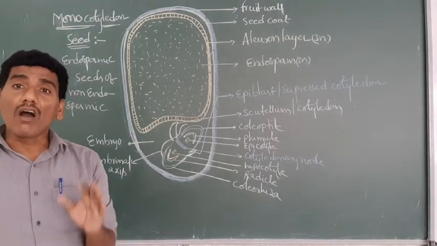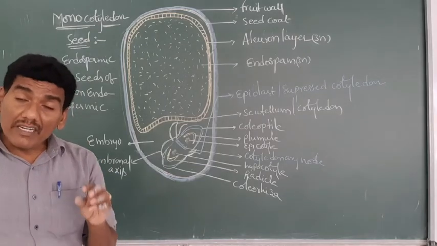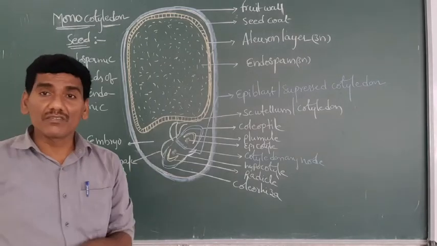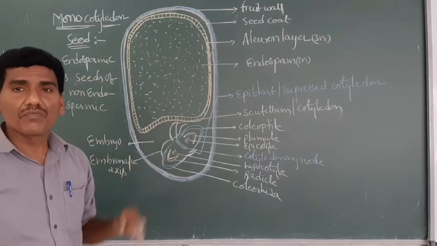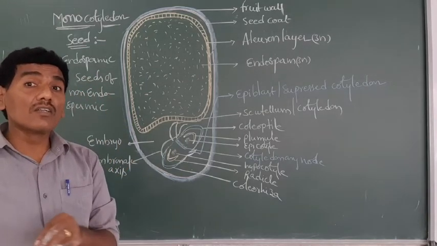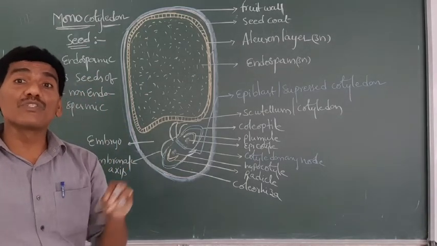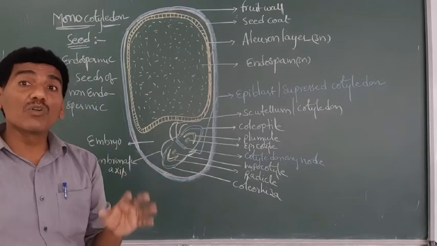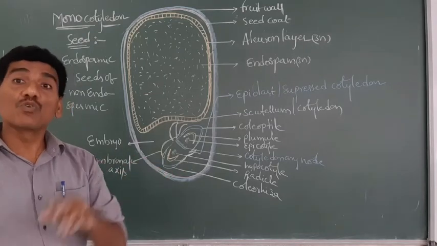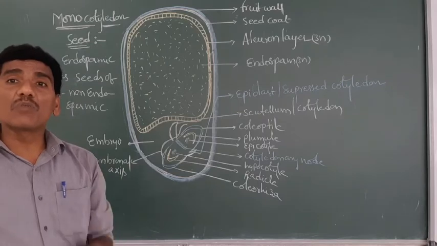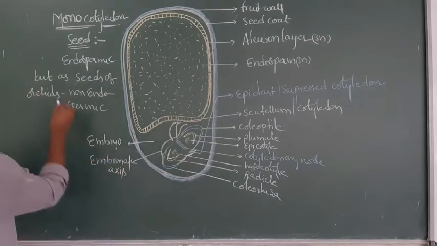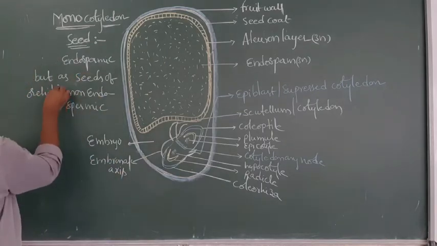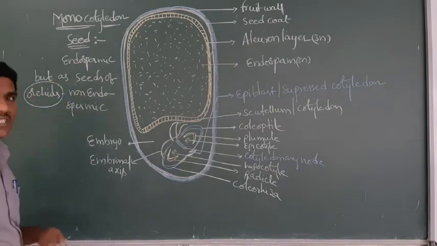That's why orchid seeds are non-endospermic. Based on this condition, not all monocotyledon seeds are endospermic, but some monocotyledon seeds show the non-endospermic condition. An example of a non-endospermic monocotyledon seed is the orchid.